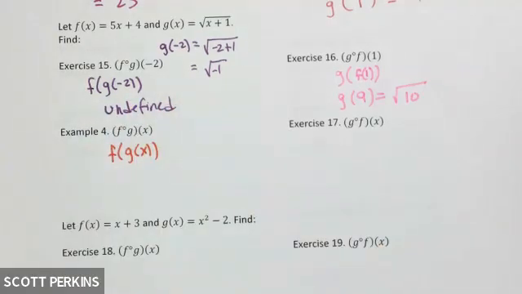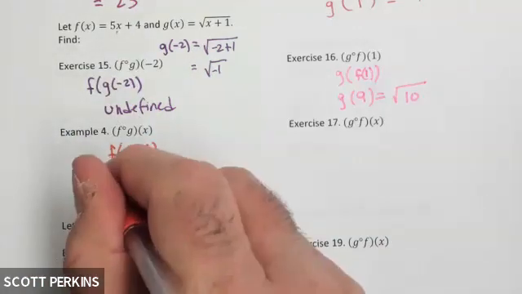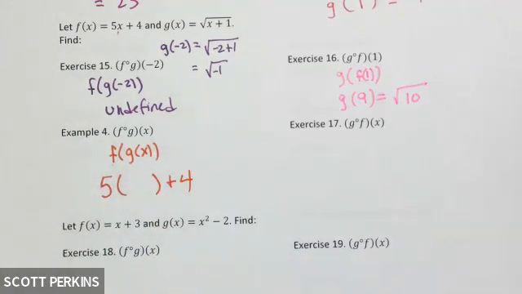I don't do anything different here. Now I think this is where my habit of using parentheses wherever I see an x kind of has its payoff. So I'm going to take my function f and rewrite it. So f is 5x plus 4. So my function f is 5 times whatever I'm plugging in plus 4.